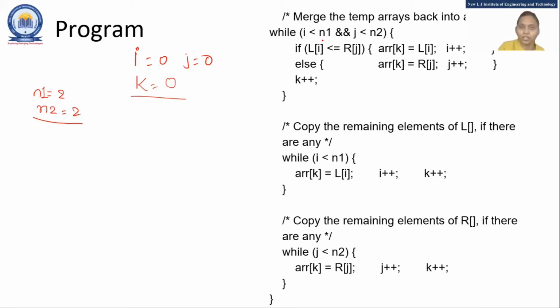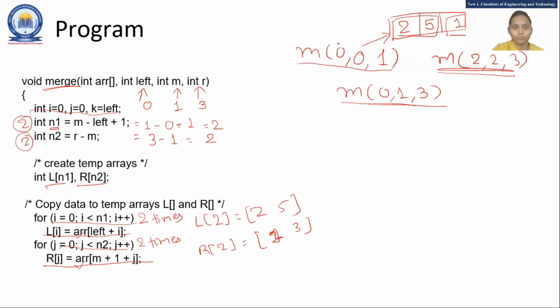Now, while it says I is less than N1, yes. J is less than N2, yes. Both conditions are true. So go inside, and it says whether Li is less than Rj or not. When I say Li, what does it mean? Li means this. L's zeroth position says 2 and R's 0 position says 1. So what number is smaller?